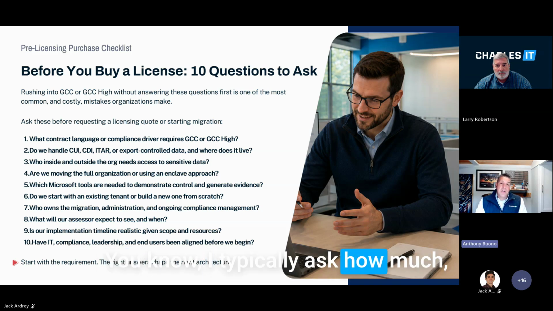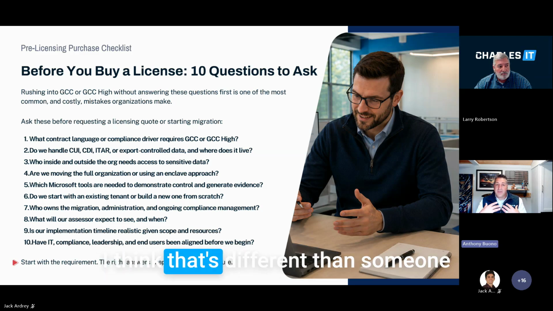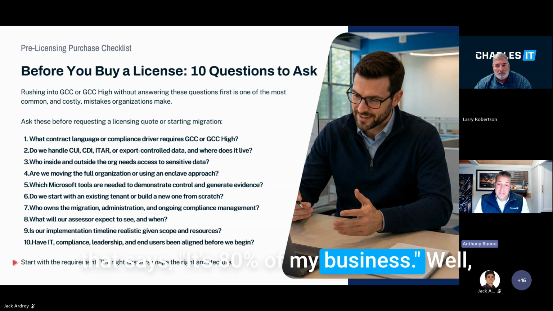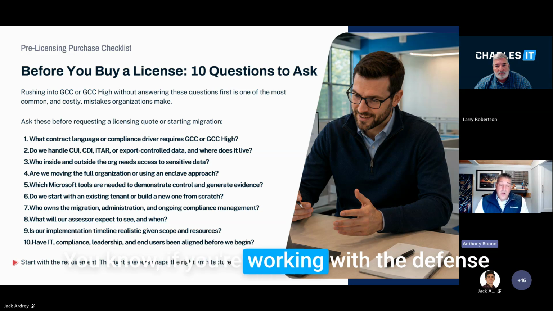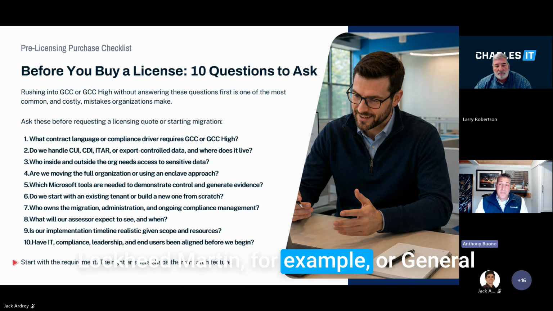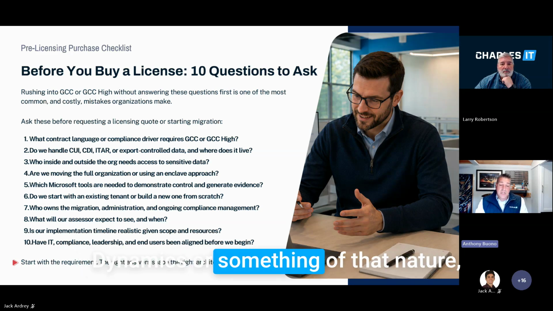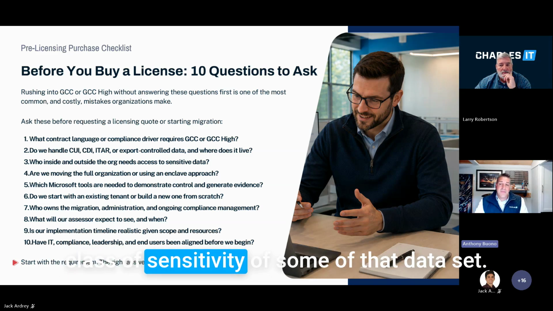I typically ask, what percentage of your business is actually government contracts? If it's less than 10%, that's one conversation. I think that's different than someone that says it's 80% of my business. If you're working with the defense primes, with Lockheed Martin or General Dynamics, for example, you're going to need a higher class of sensitivity for some of that data set.